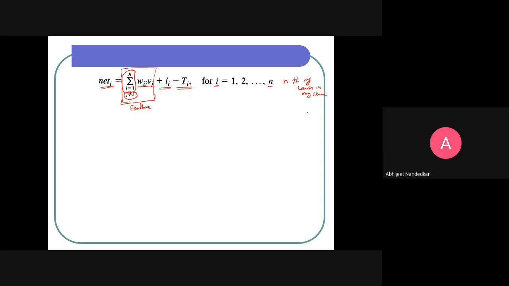Suppose I want to remember a big vector like this, maybe plus 1, minus 1, minus 1, minus 1, minus 1, plus 1. I want to remember these 1, 2, 3, 4, 5, 6. That means my pattern length is 6. So I will require n equal to 6. So I will require 6 neurons in total.